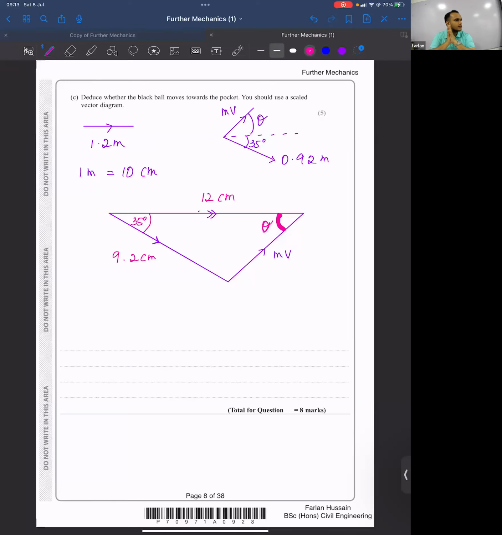Yes, what are you getting? 50? 57? 50 or 51, 52, 53, anything very close to 50 should be fine, because when you draw the diagram, it won't be 100% accurate. So if you're getting something close to 50, then yes, you can write the statement saying theta equals 50. Hence, the black ball will move towards the pocket.